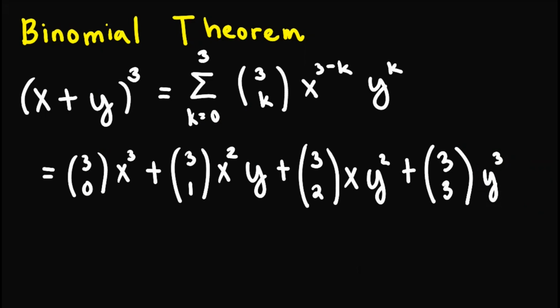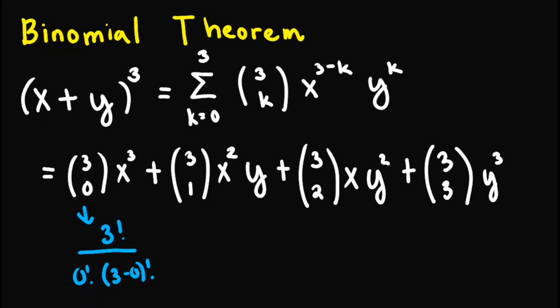Let's focus now on this one. Note that we can write this one as 3 factorial all over 3 factorial times 3 minus 0 factorial. This should be 0 factorial.